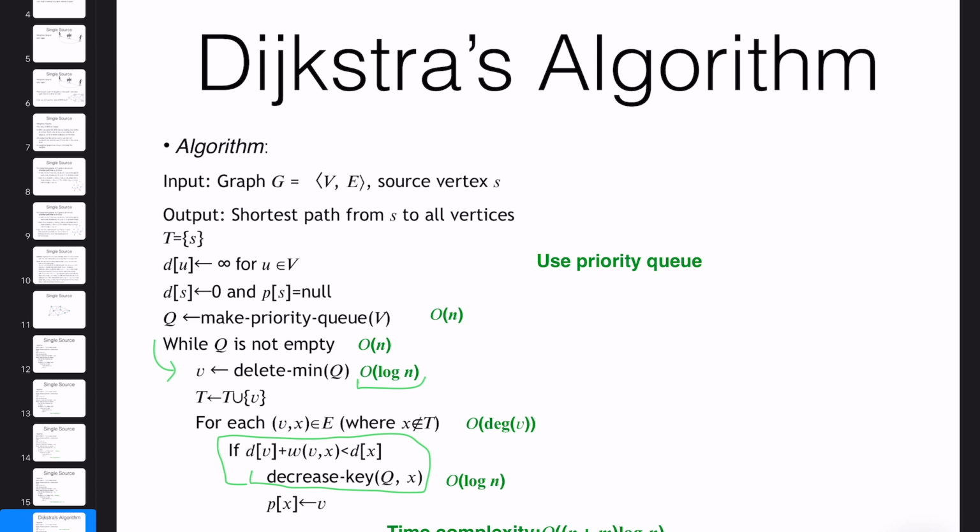And you know that there is some methods for changing the key of an item which is already in a priority queue. And the cost of that is going to be log of n over a regular binary heap, if we store it as a complete binary heap.